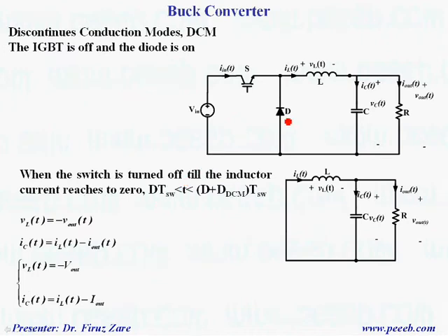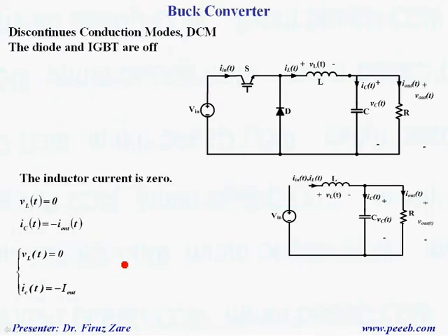When the switch is off, the diode conducts. Again, the voltage across the inductor is minus V out. We can write it here. And the current through the capacitor is inductor current minus output current. Suppose the ripple is not significant, then we can rewrite the equation here.